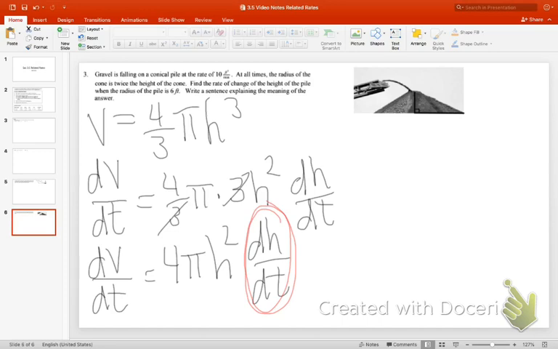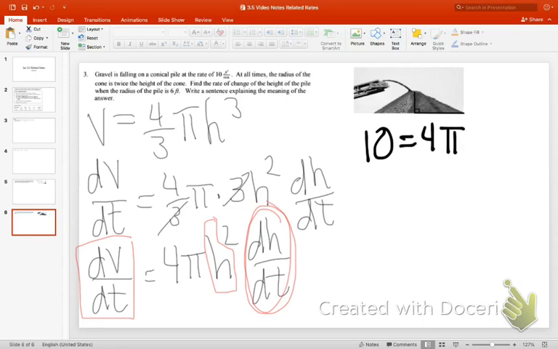So we have to think about substituting values in for dV/dt, 4 pi is just a constant, and for h. We know dV/dt is 10, so we can substitute 10 in for dV/dt.